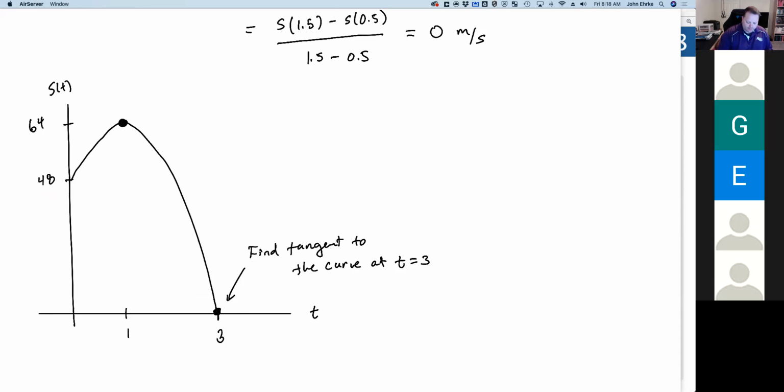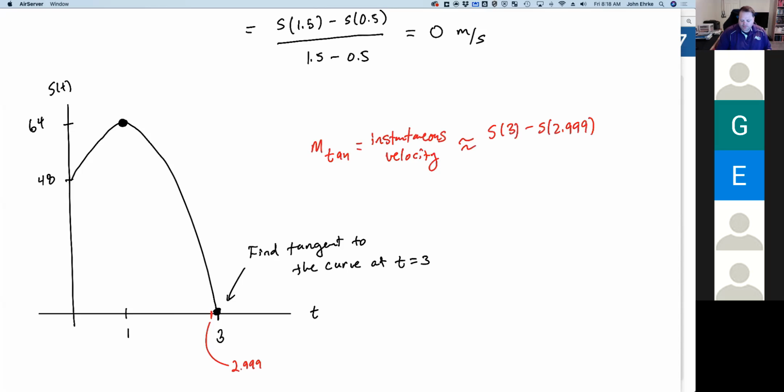For example, I might say, okay, well, I know that 2.999, let's say, is really, really close to 3. So I can estimate the slope of the tangent line, which is the instantaneous velocity, by looking at the secant line between those 2 points.